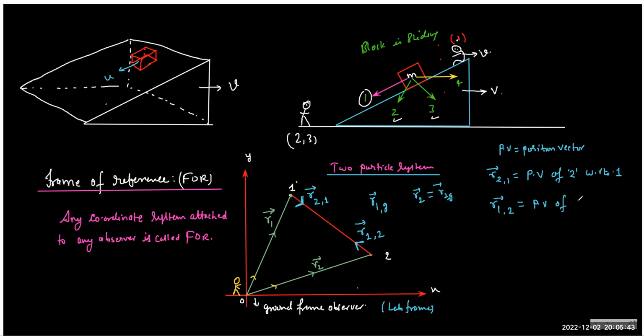Position vector of 1 with respect to 2. Very good. So can we relate this relative position in terms of absolute position using triangle law? Yes or no? So how to express these two double subscript notation in terms of single subscript notation? What is R21 in terms of R1 and R2? So using triangle law, what you can write?